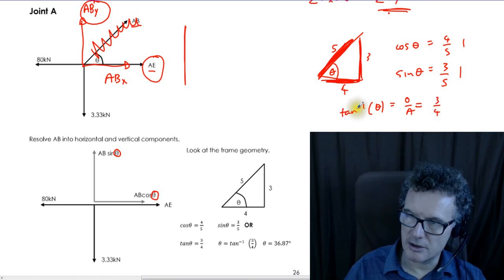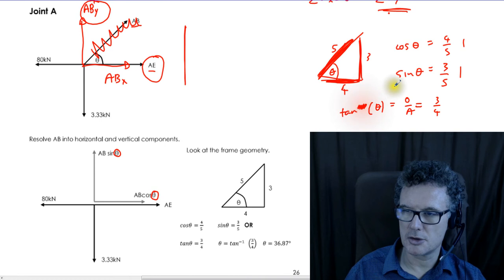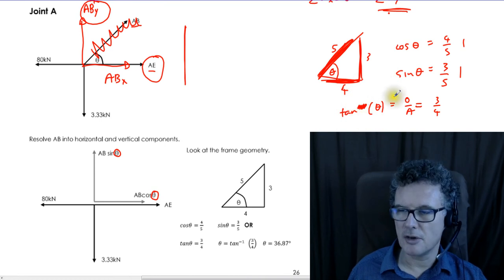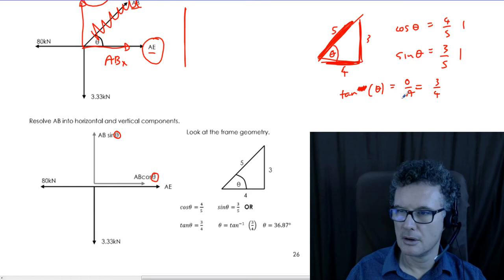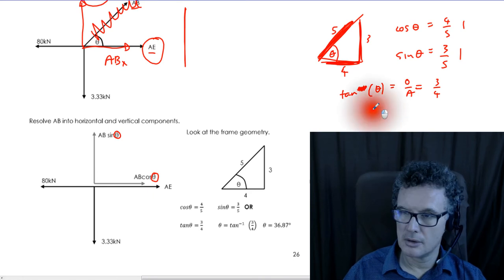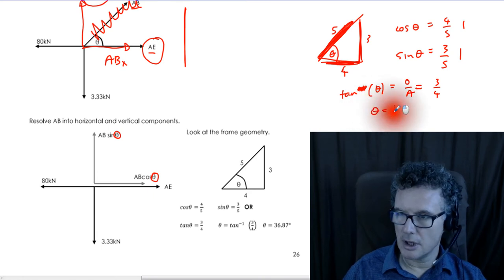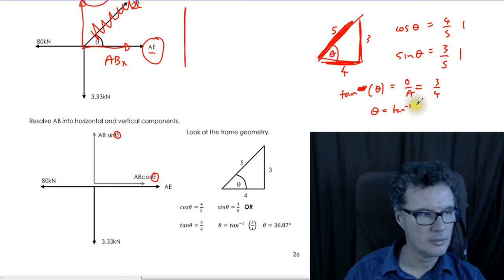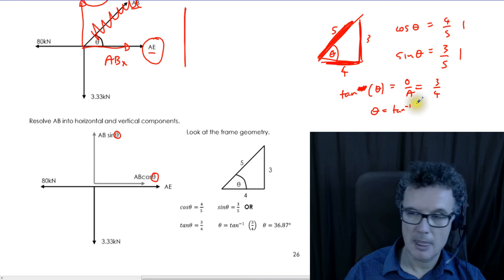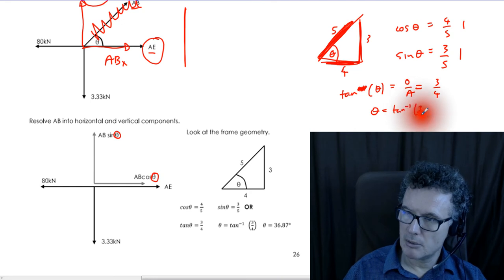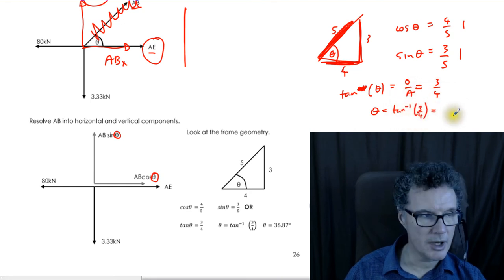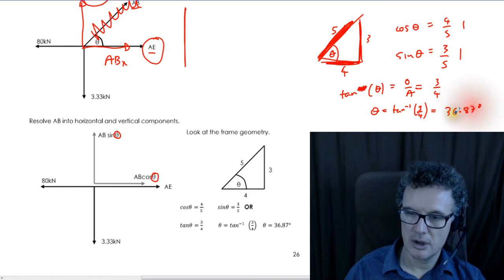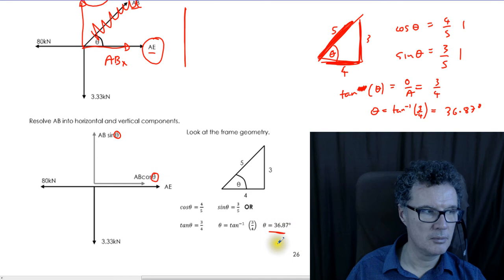Whoops, no, sorry, that's tan theta. I saw a student make that mistake this week, that's why it's in my brain. So that's tan theta, and then to find theta, I will apply arctan to 3 over 4. Provided your calculator is set to degrees, you will then get, for that particular case, 36.7 degrees. So there we've got that value down there.